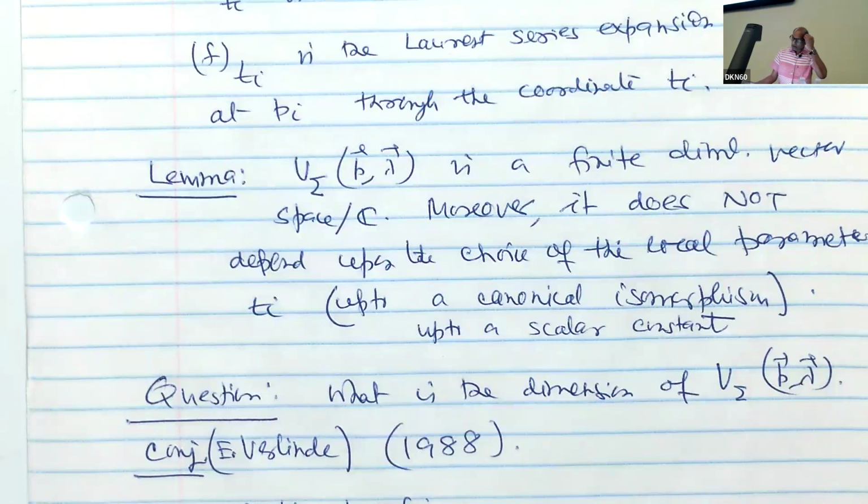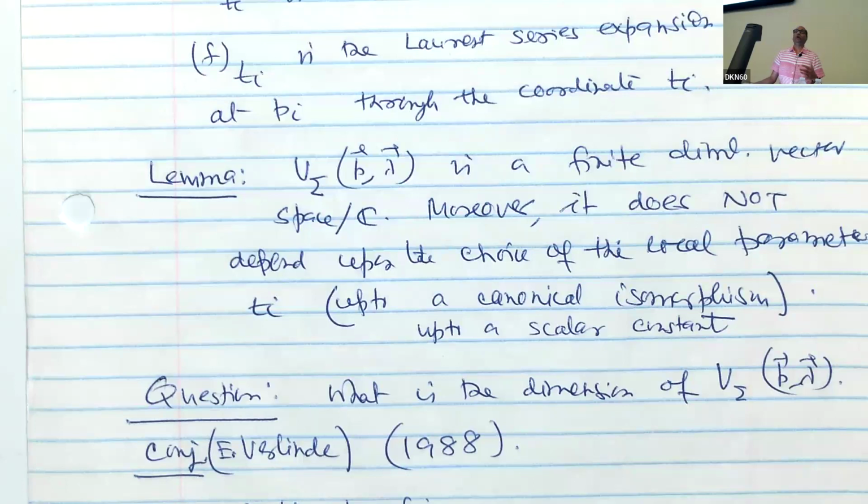Now, Erik Verlinde, a mathematical physicist, conjectured a formula for that in 1988. I am going to give you a very brief outline of the proof. He conjectured it, and it's a theorem now for some years.